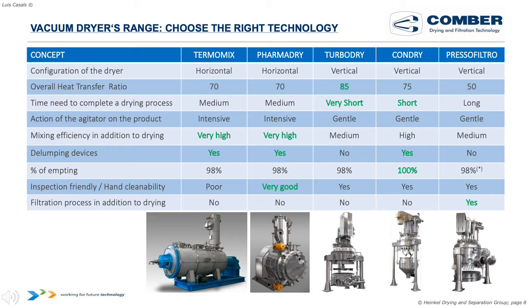This is the main slide we will be dealing with during this webinar. In the first column I've placed the main concepts, the main tips to talk about, and in the other 5 columns I've placed the main information for each option, for all 5 vacuum dryers I've previously introduced.